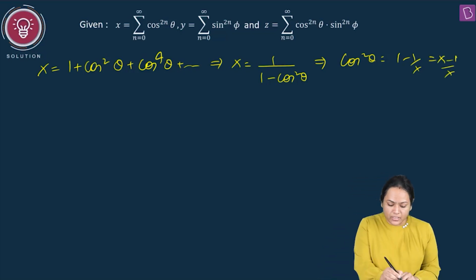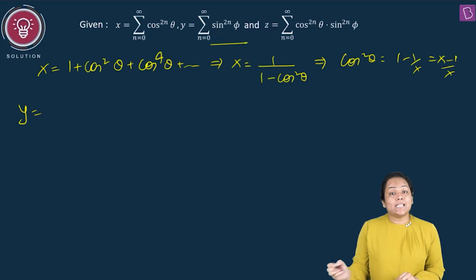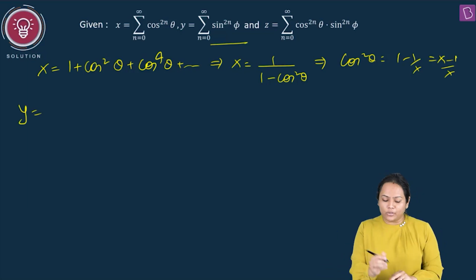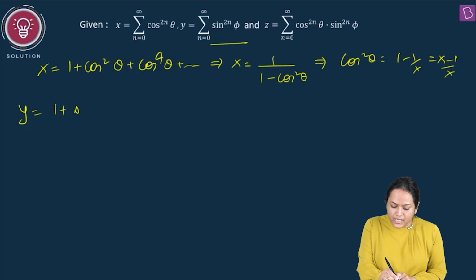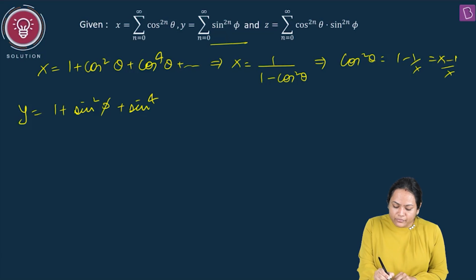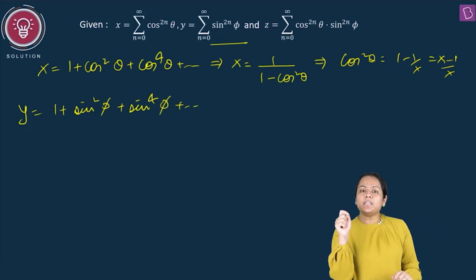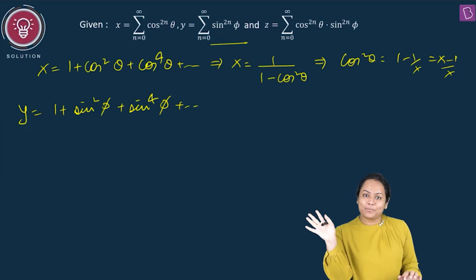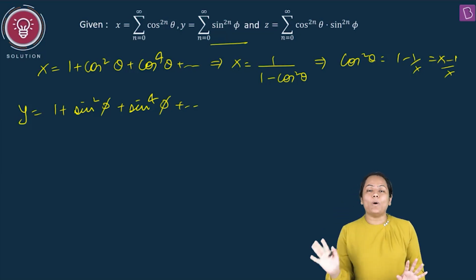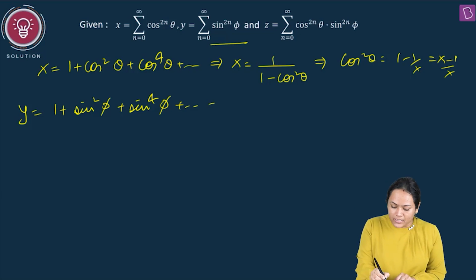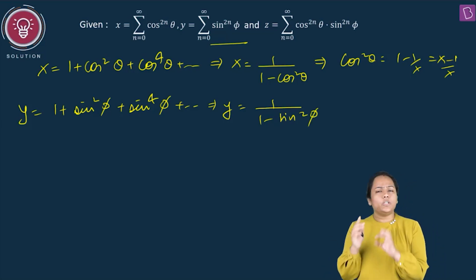Understood? Perfect. Similarly, my y again is summation of GP. When I put the values of n, it's going to become 1 plus sine square phi plus sine phi raised to 4 and so on, again till infinity. That means here also I can apply the GP summation, which is A upon 1 minus R. So when I do that, I'm going to get y is equal to 1 upon 1 minus sine square phi. Now we'll do the same trick.